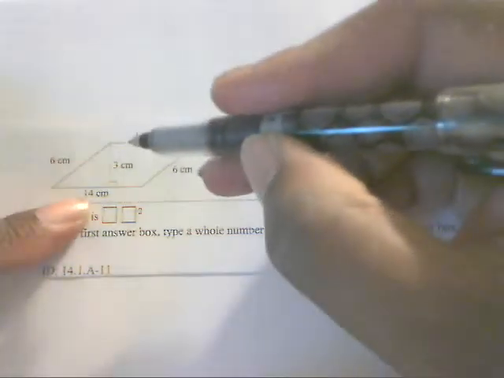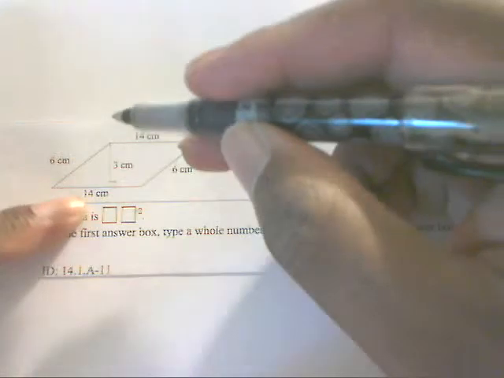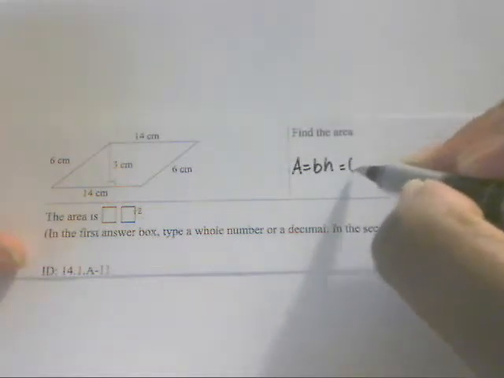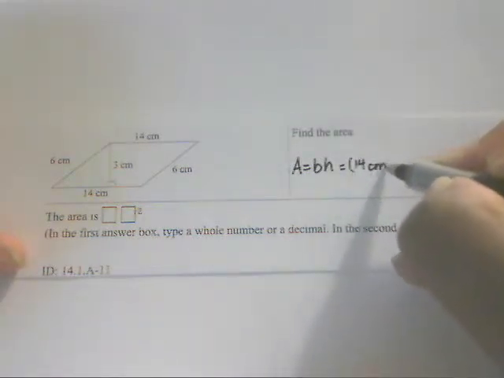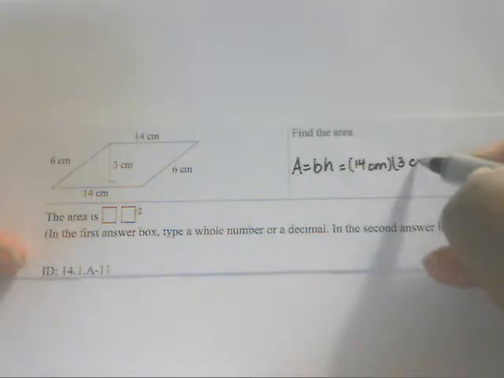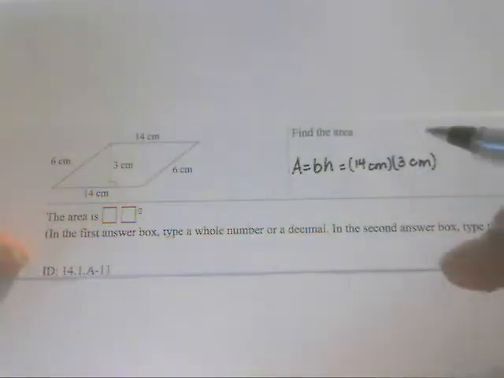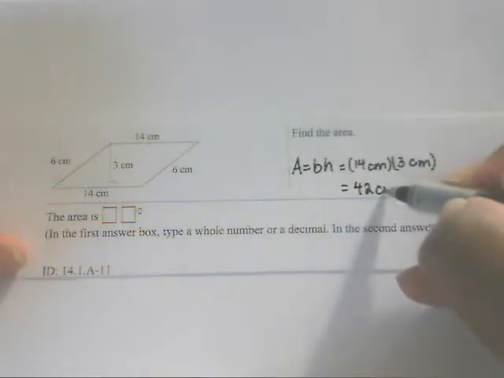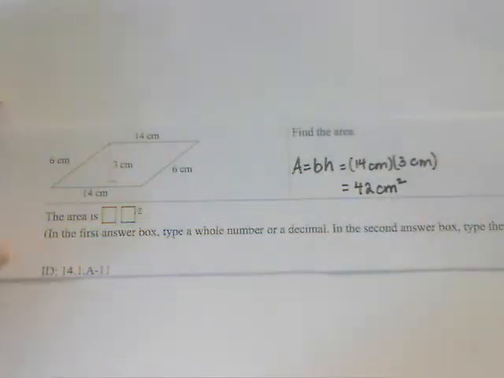So here the base is 14 centimeters and the height is 3 centimeters. So here we're going to only do 14 times 3. So we got 14 centimeters times 3 centimeters. And we're going to multiply 14 times 3. That's going to give us 42. So the area of that parallelogram is 42 square centimeters.